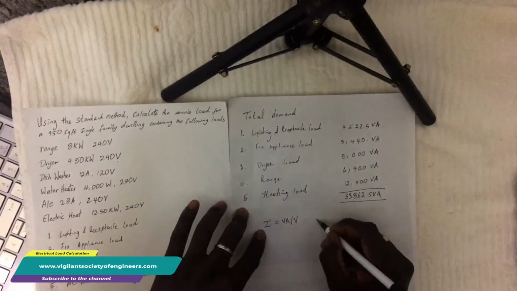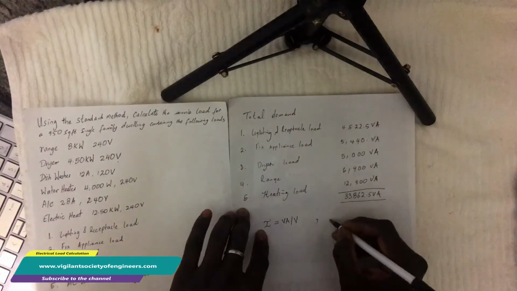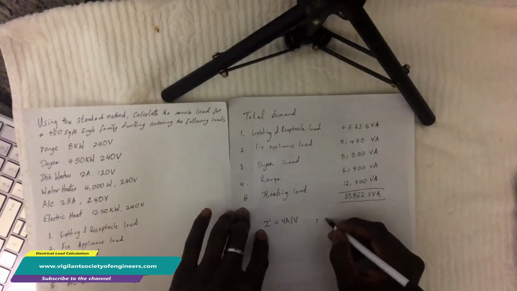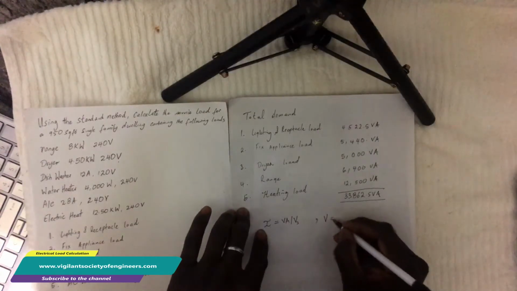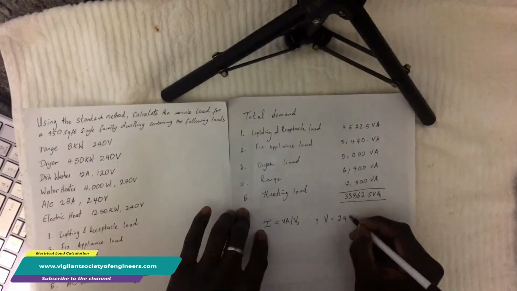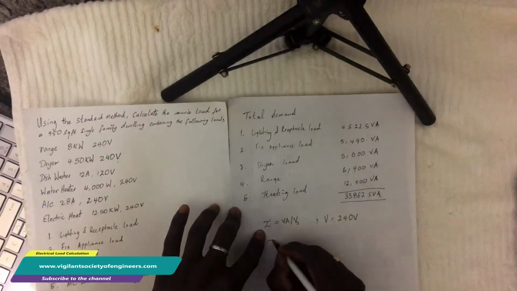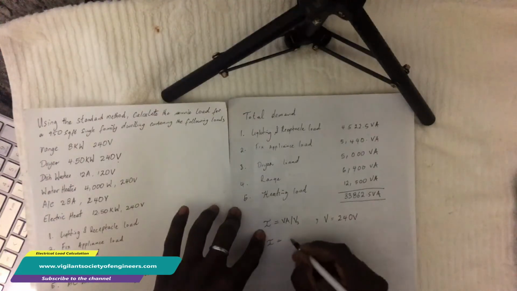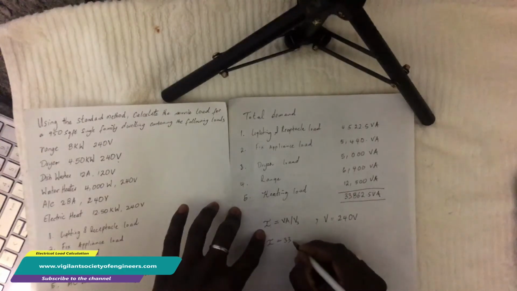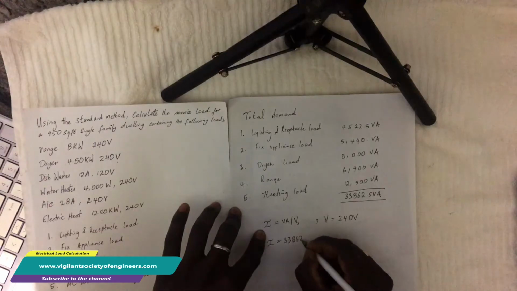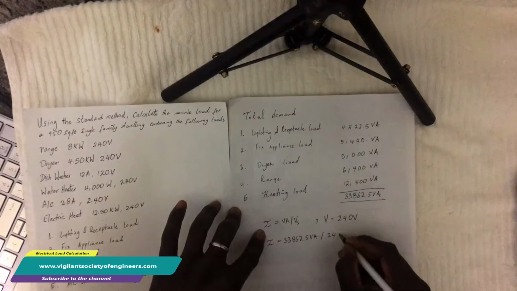The supply voltage in this question is 240 volts. Let's call this VS. It is 240 volts. So I is equal to the total VA load, which is 33,862.5 VA, all divided by 240.